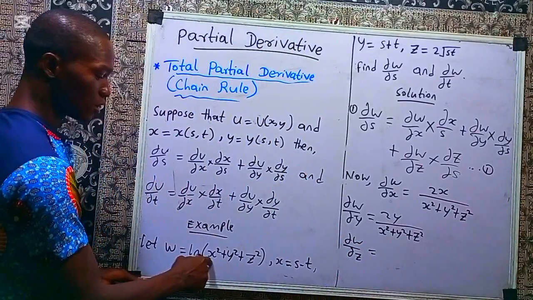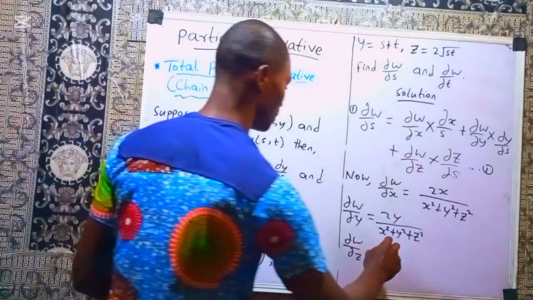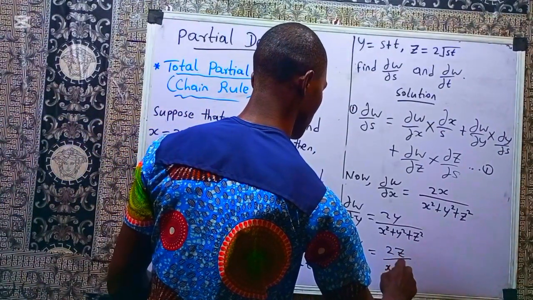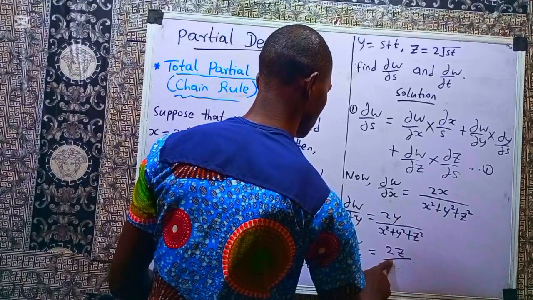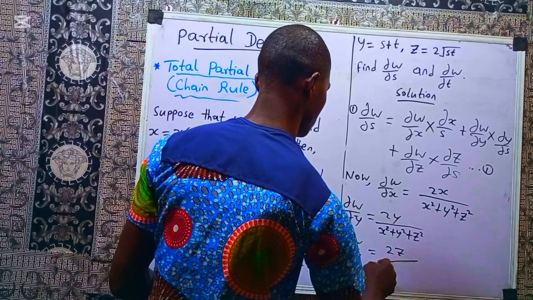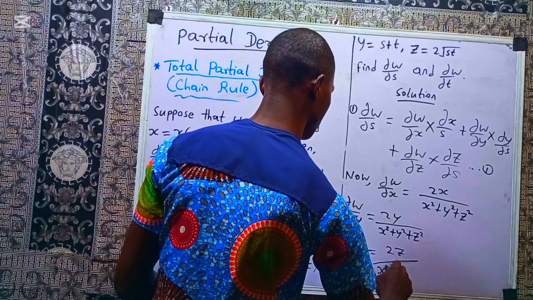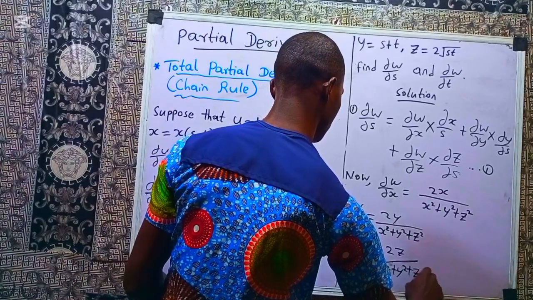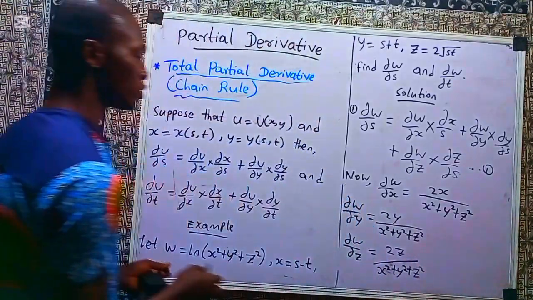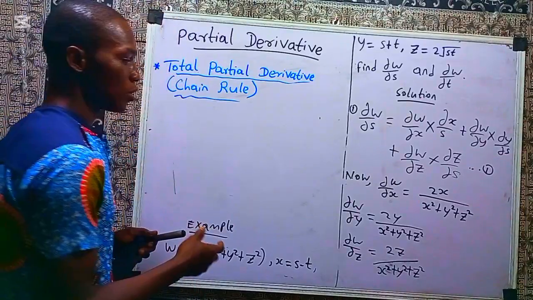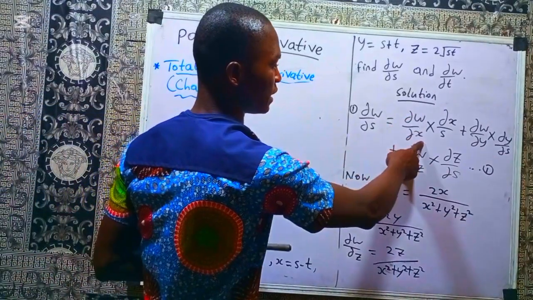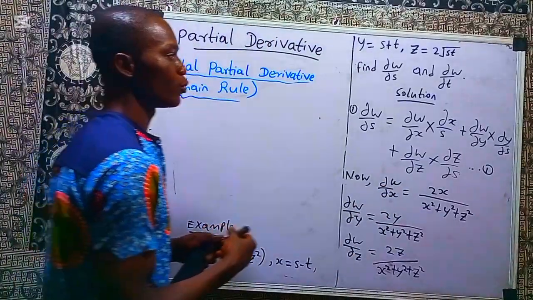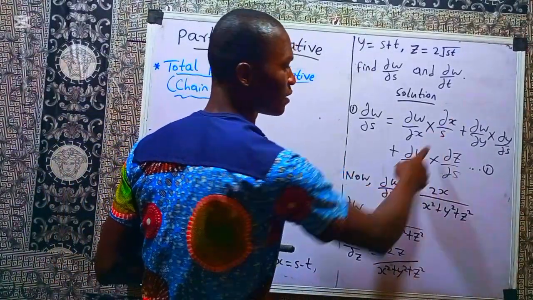You differentiate what is inside the ln with respect to z, which is 2z divided by x squared plus y squared plus z squared. So this is what you now have. So I've gotten partial w partial x, partial w partial y, partial w partial z.